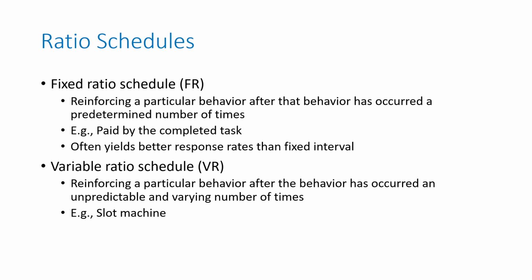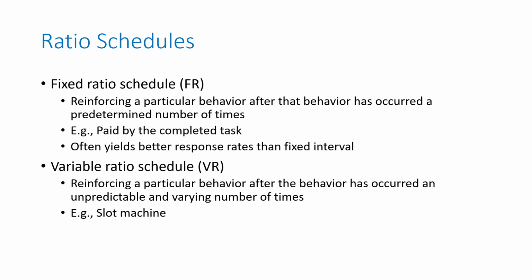We can also have schedules that are based on numbers of behaviors. A fixed ratio schedule is where you receive a reinforcement after a behavior has occurred a certain number of times. So if somebody is being paid by completing a certain number of tasks, then that would be a fixed ratio schedule.